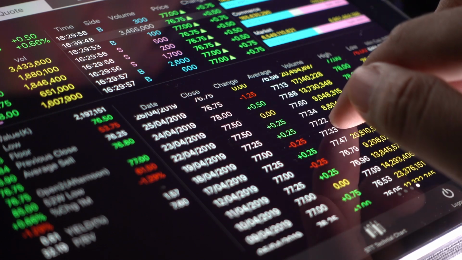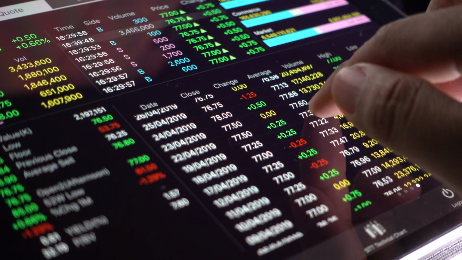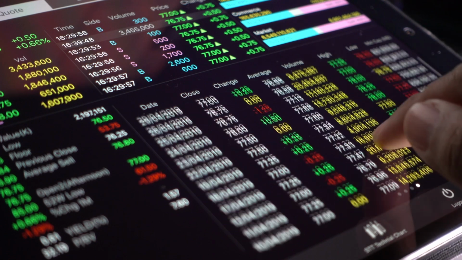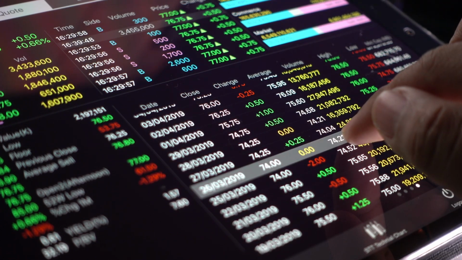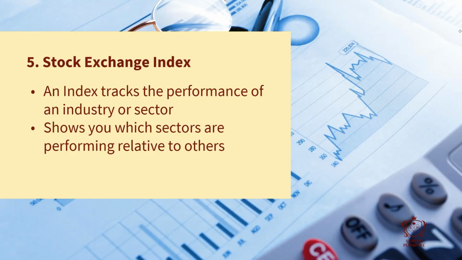So sometimes when you look at those indices, it's really just to give you a sense of how the market is performing, how an industry or a sector is performing, and then you can decide, I'd rather invest in tech stocks, or I'd rather invest in banking stocks, or I just want broad exposure to the entire exchange. So that data is very important.